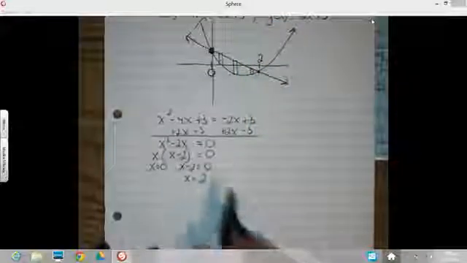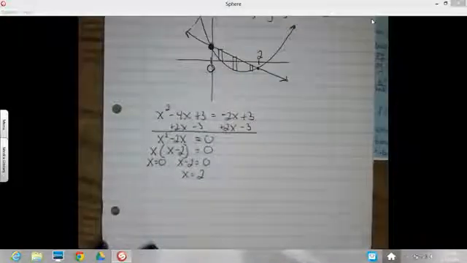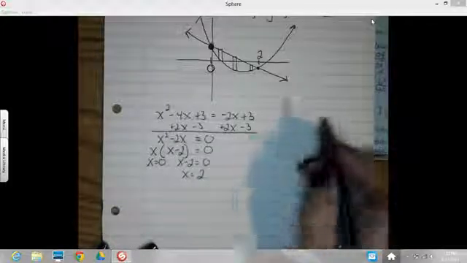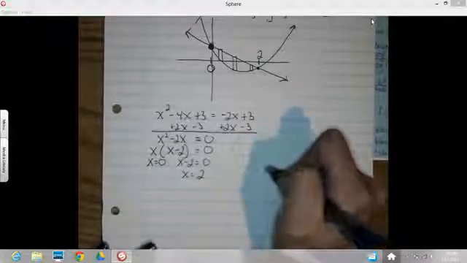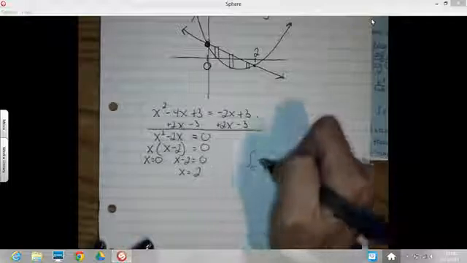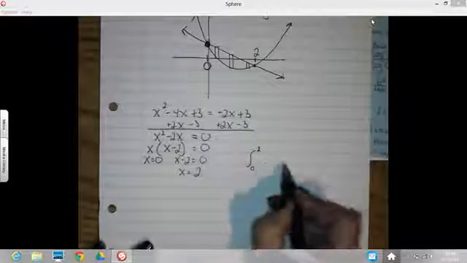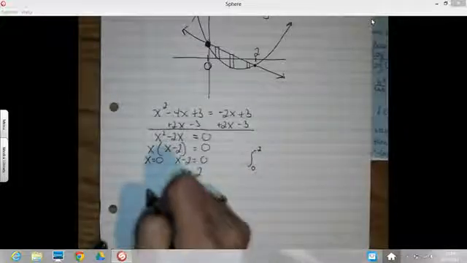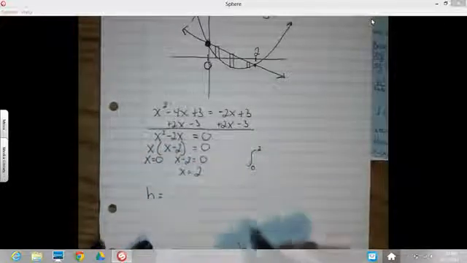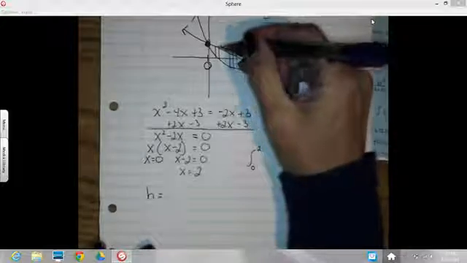Okay, now I'm ready to set up the integral. So it is the integral from 0 to 2. Now I've got to do the height of my rectangle. And I actually think I'd like to do it off to the side. To get the height of the rectangle, it's going to be the top function minus the bottom function.